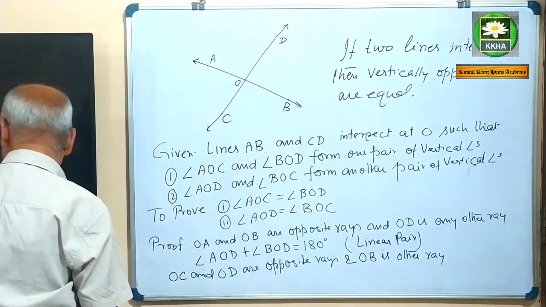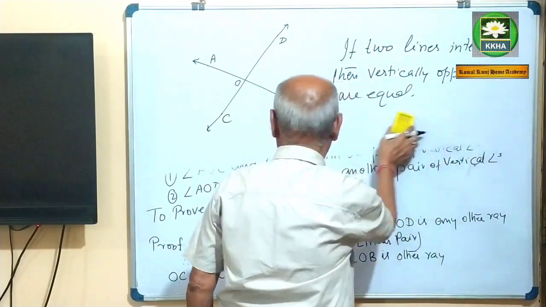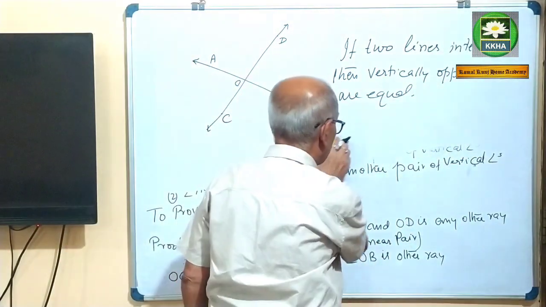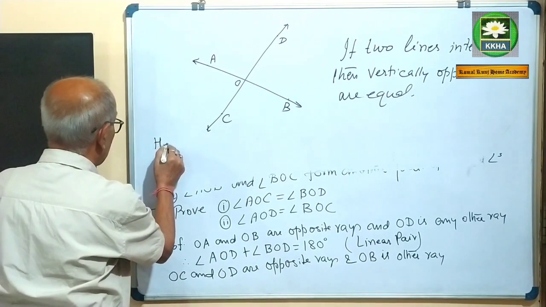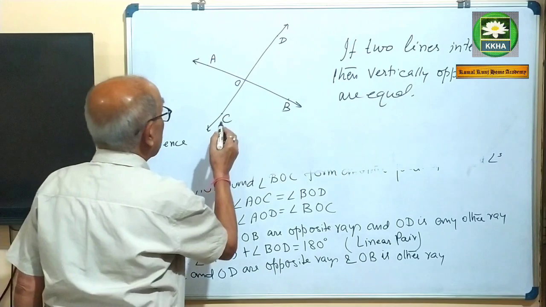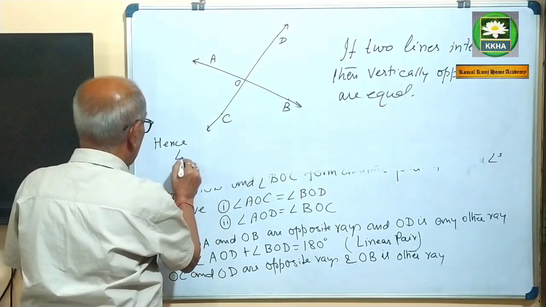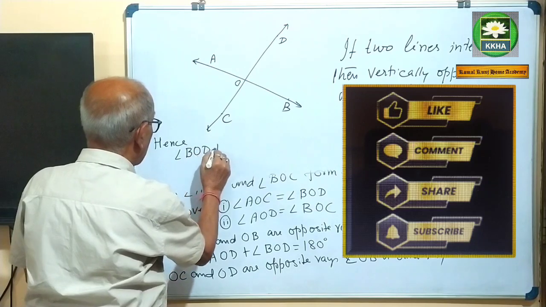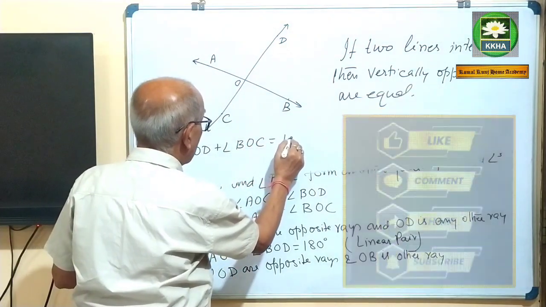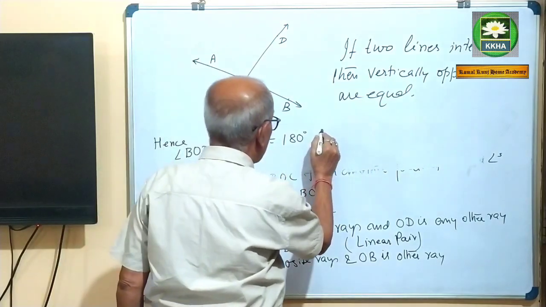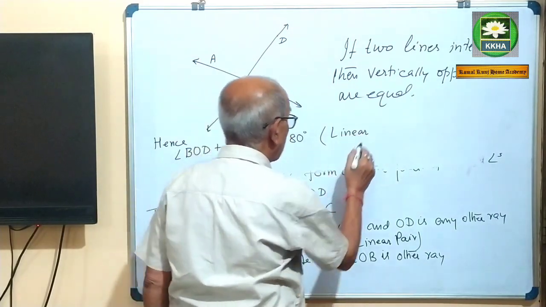Hence, angle BOD plus angle BOC equal to 180 degrees. The reason is they form a linear pair, and linear pair angles are supplementary.